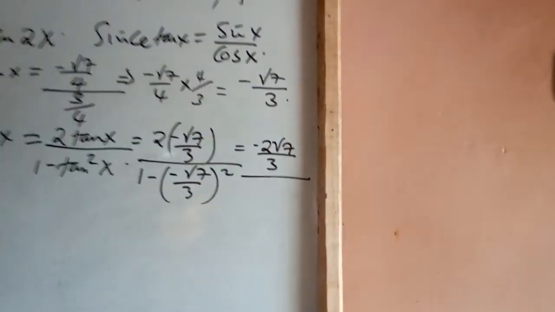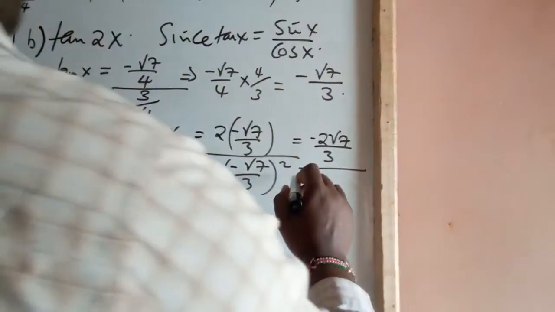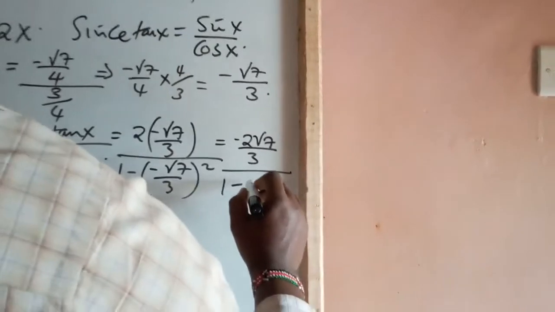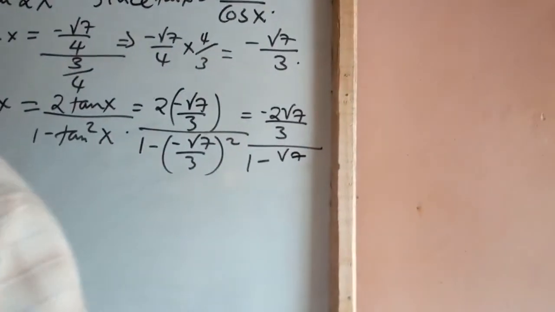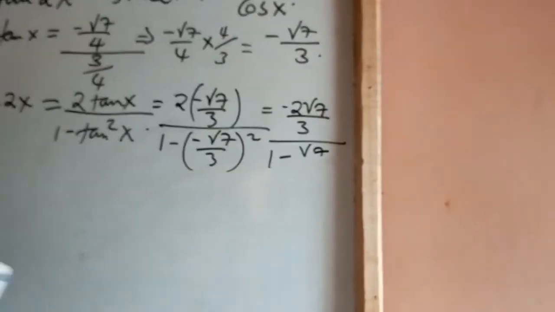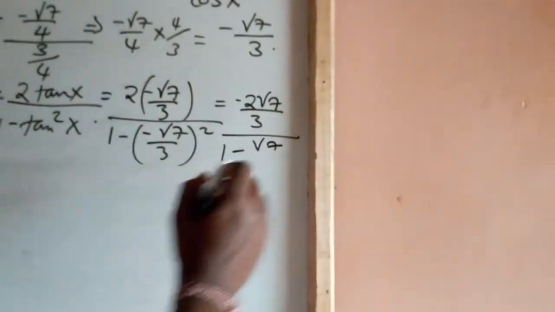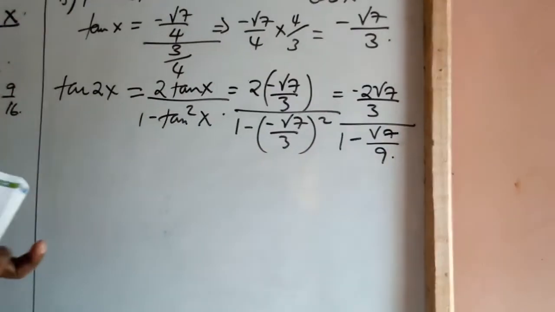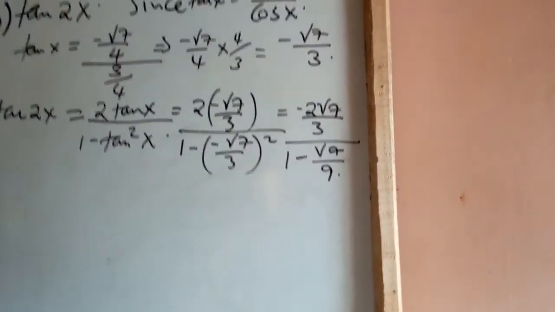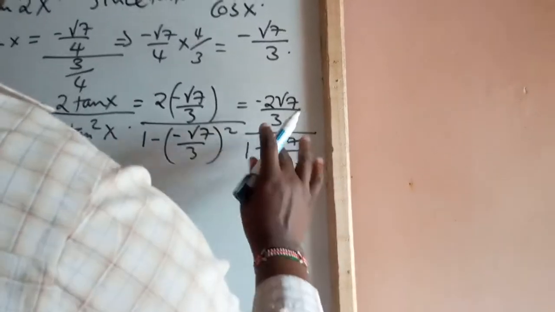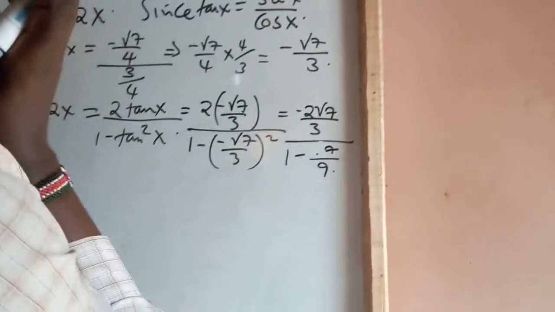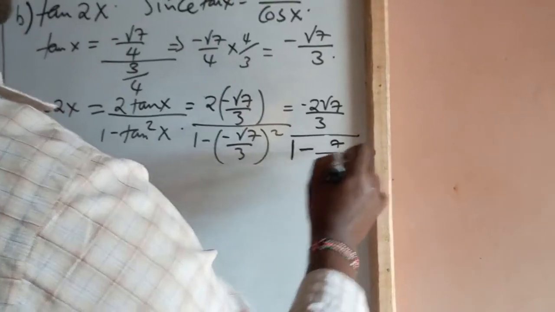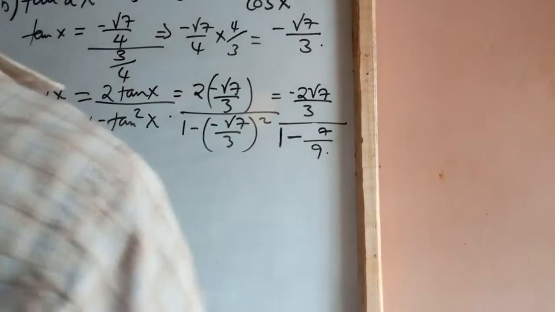What does the denominator give us? 1 minus the square of this, which is 7 over 9, because root 7 squared is 7. So 1 minus 7 over 9 is basically 2 over 9.